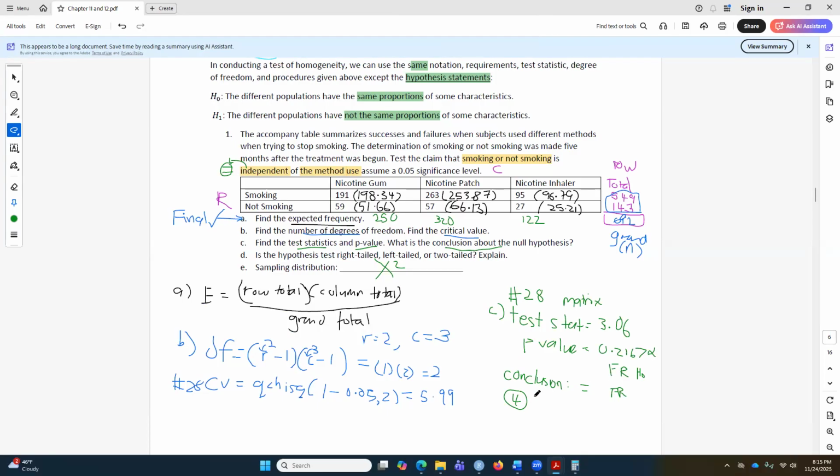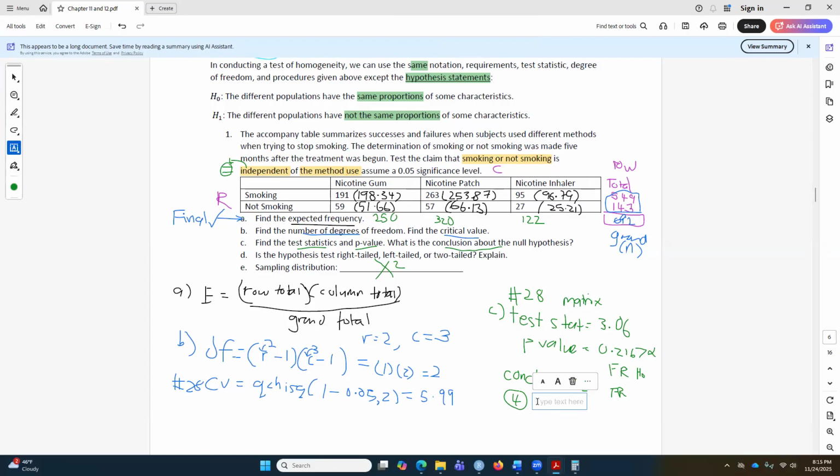There is not sufficient evidence to warrant rejection of the claim that smoking or not smoking is independent of method used. So I think I'm going to type this out because I think I've got time to do that.